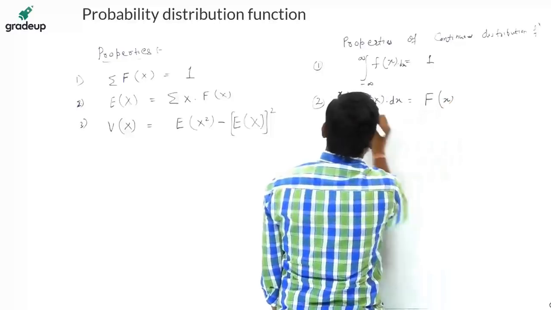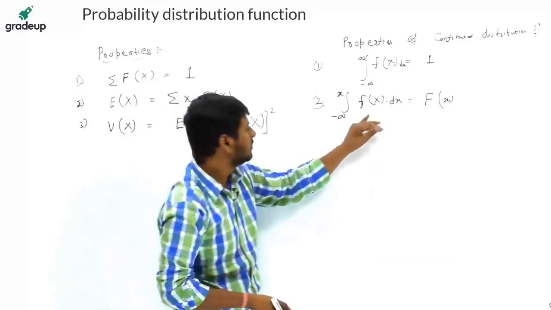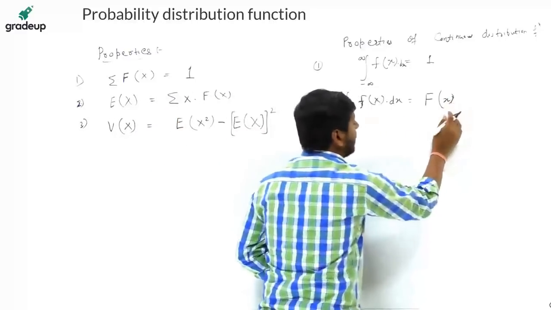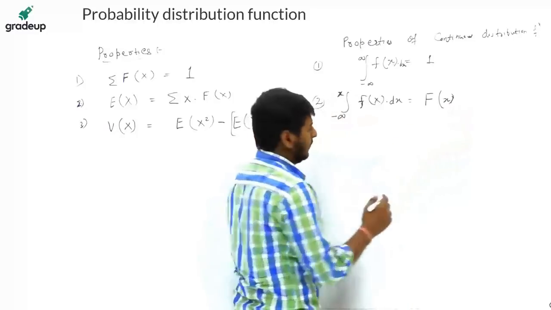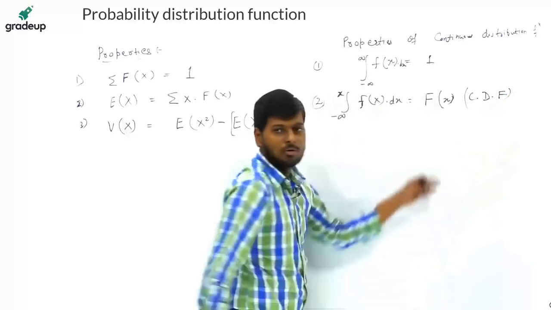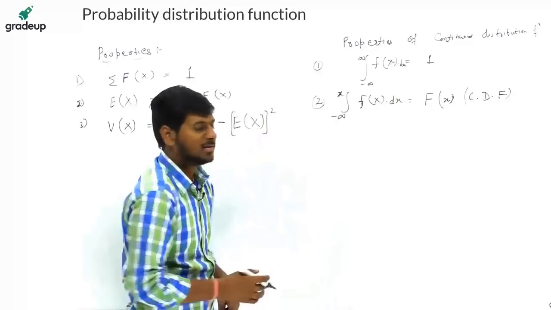See the difference here. This is small f. Small f is the probability distribution function and capital F is the cumulative distribution function, CDF. What is the full form? Cumulative distribution function. It is from minus infinity to x.